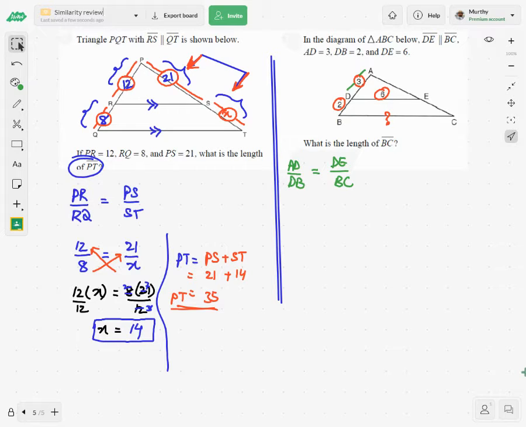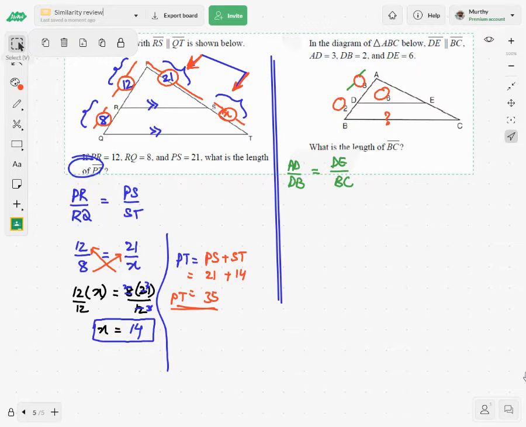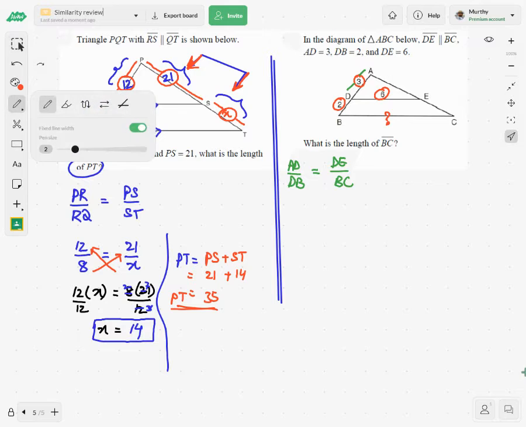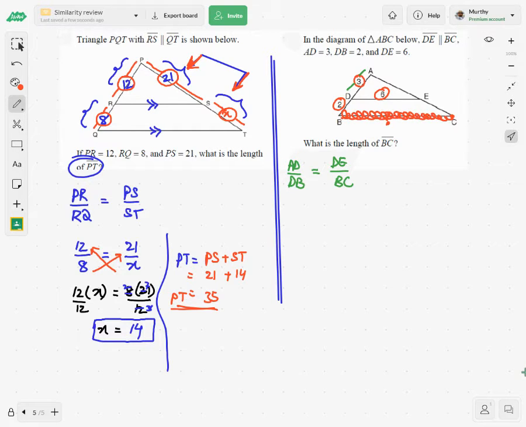Here, I know that DE, please pay attention, DE, oh, hold on, I'm sorry. I see that DE is one side of a small triangle, ADE, and BC is one side of the large triangle, ABC.